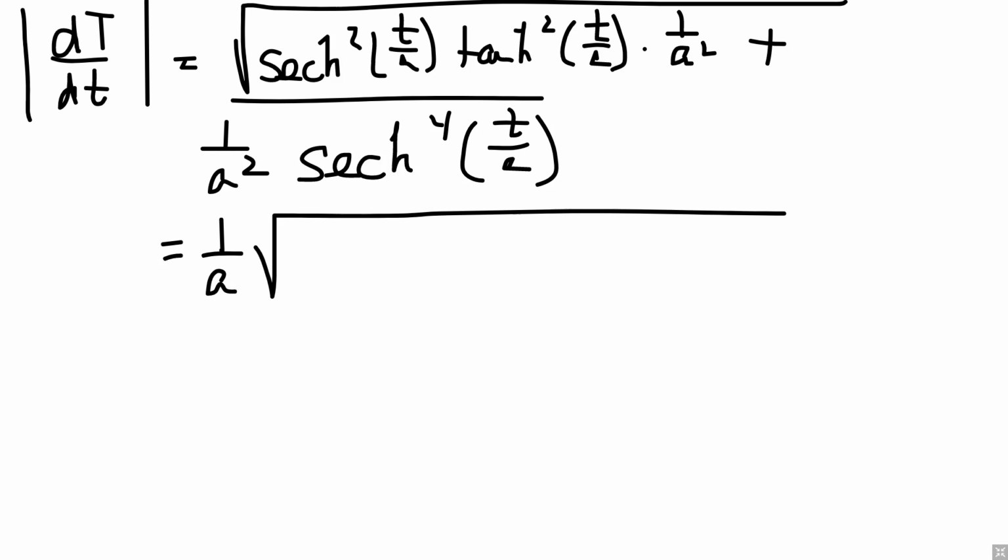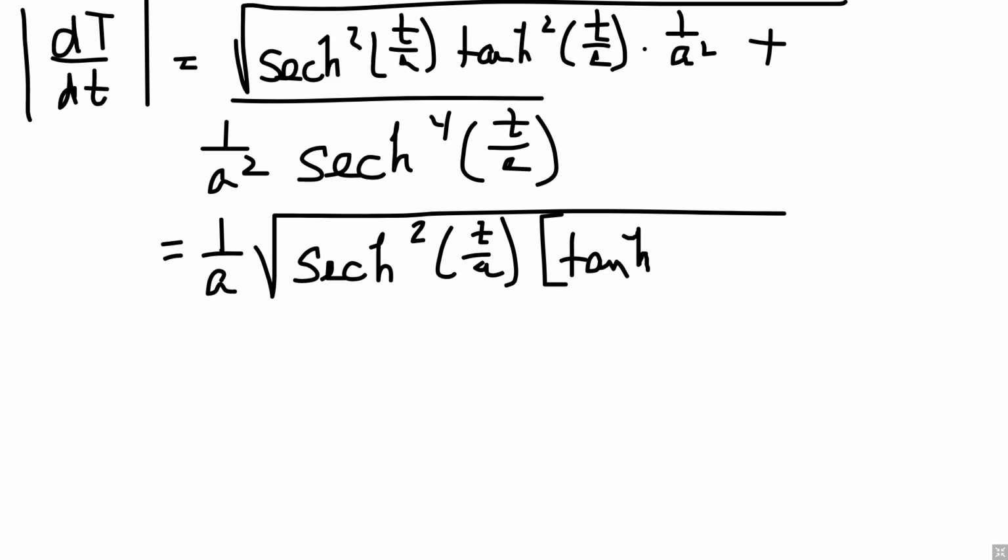And then as far as the radical is concerned, you can factor out a secant hyperbolic squared of t over a from both terms. So that leaves you with tangent hyperbolic squared of t over a plus secant hyperbolic squared of t over a.